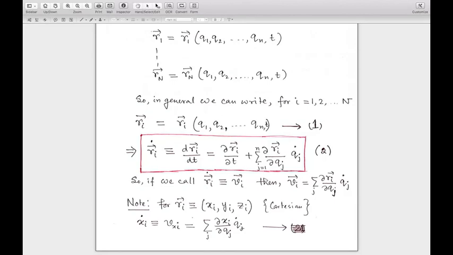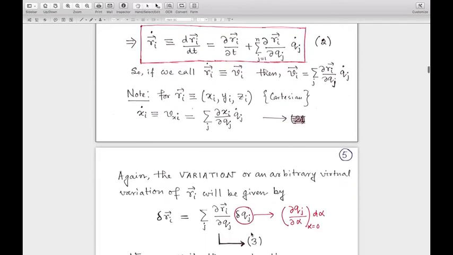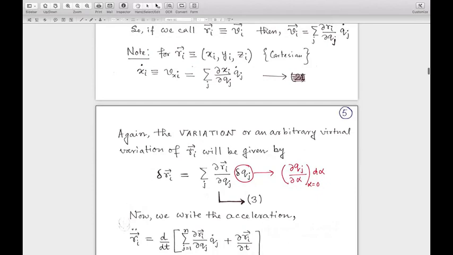Of course, assuming that this concerns such a transformation to such a set of generalized coordinates where explicit time dependence is ignored.